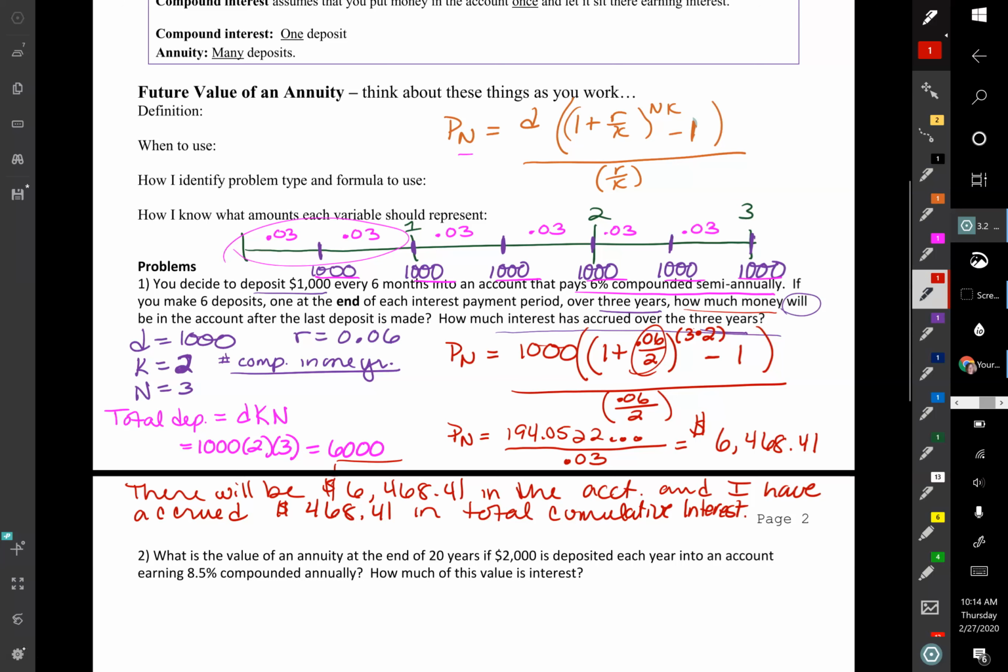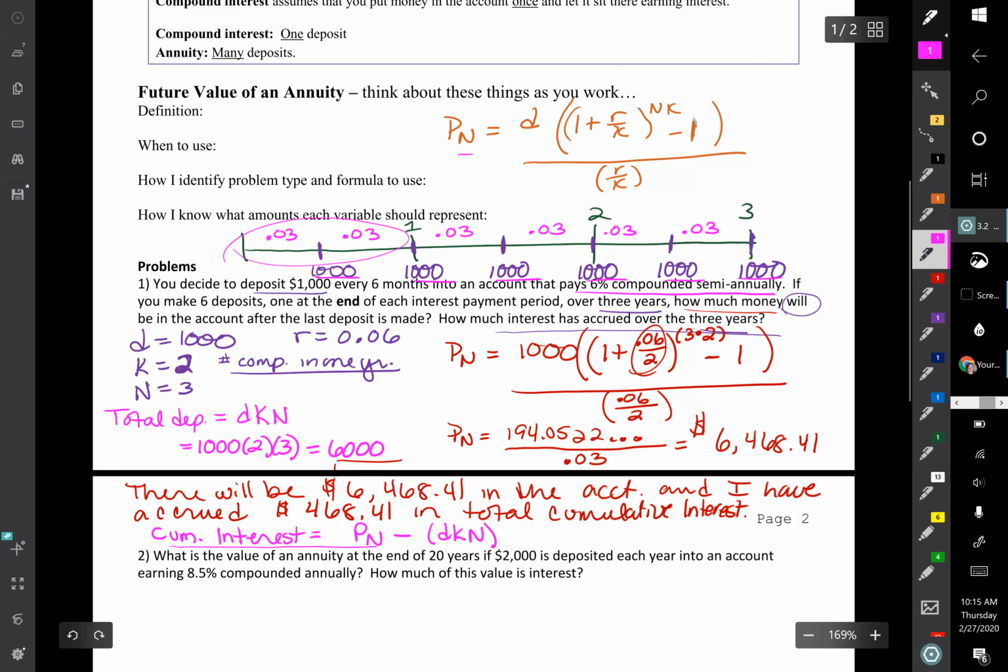I can write out a little formula here for you if you want. So the formula I used for cumulative interest, it's right here in the pink: interest equals P sub n minus, you can use parentheses or not, D times N. Okay, so just so you know where I got all those numbers, that's the little formula there for you.